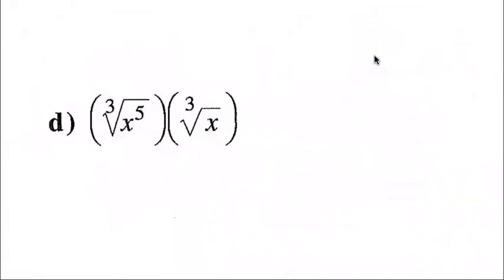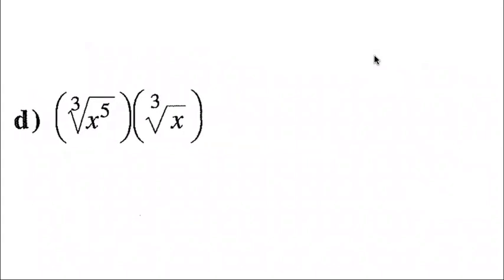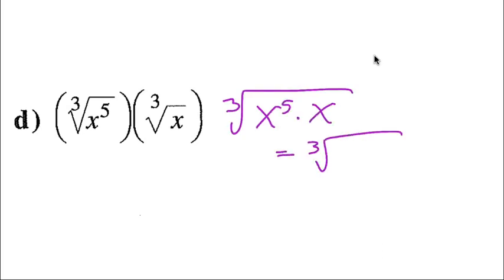Cube root of x to the 5th times the cube root of x. A couple of ways you could actually tackle this question. One, because they're the same root, they're cube roots, it's the same as the cube root of x to the 5th times x, which is the cube root of x to the 6th, which is x squared.